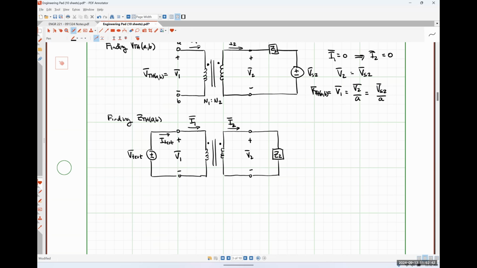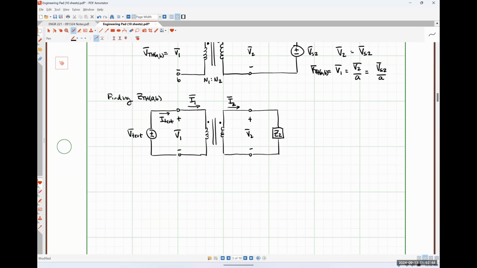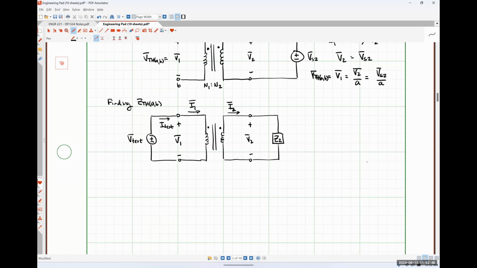So we can say that our Thevenin impedance, ZTH, seen between terminals A and B, is just going to be the ratio of V test over I test.